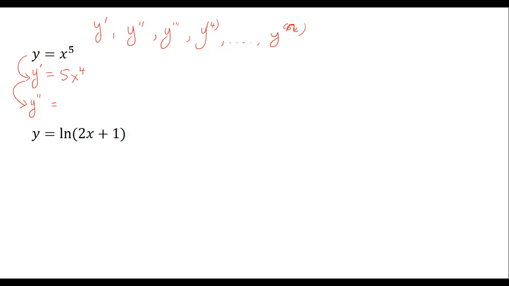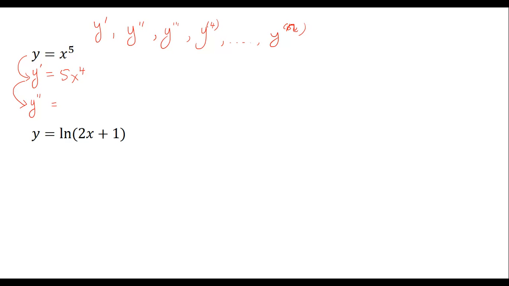That is the only difference. Transforming y prime into y double prime is just as you get your y prime from your y. There is no special knowledge that you need to apply. It is just as simple as that.